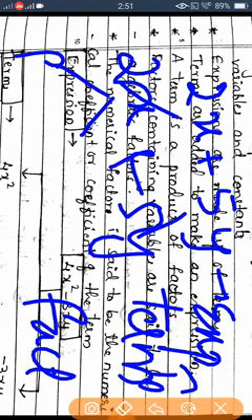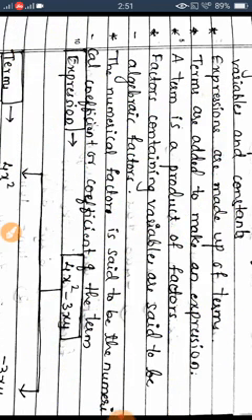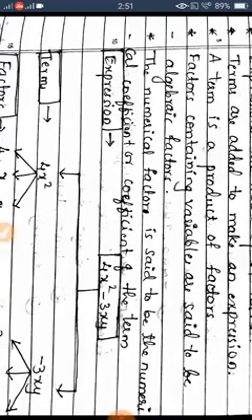In 2x, 2 is a numerical factor and x is an algebraic factor. Here 5 is a numerical factor and y is an algebraic factor, or we can call it alphanumerals also.